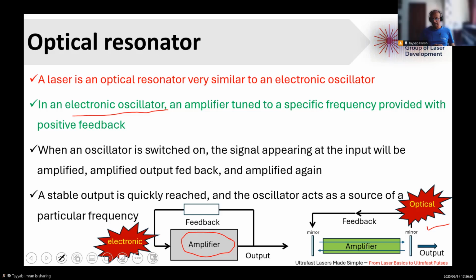You have an amplifier here, and the amplifier is the laser gain medium. The mirrors are used as a feedback loop. The photons are generated and move to and fro, so it's a kind of feedback system, and at a certain level we get the output.